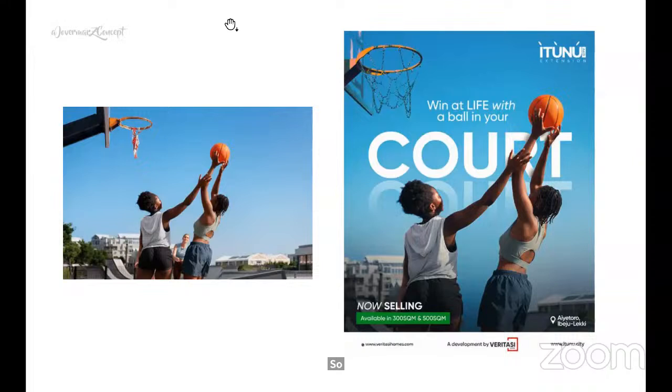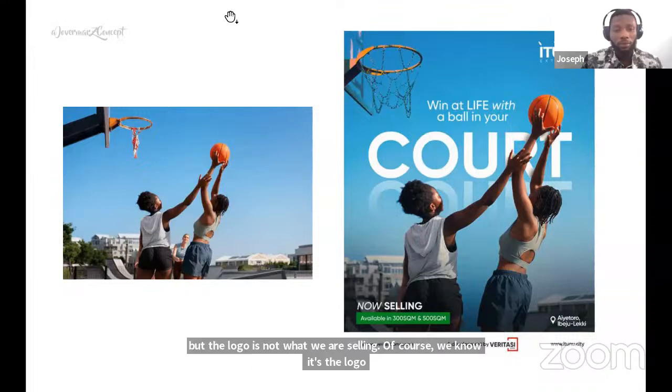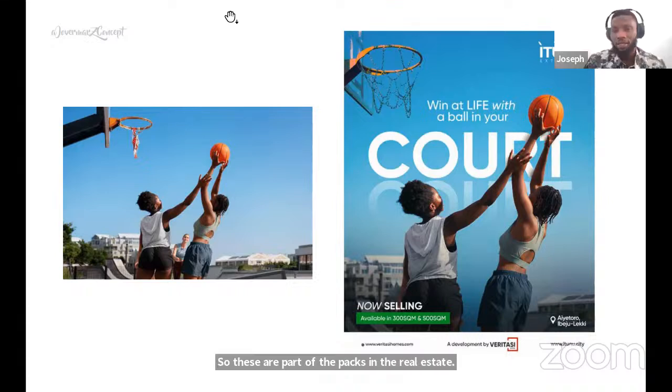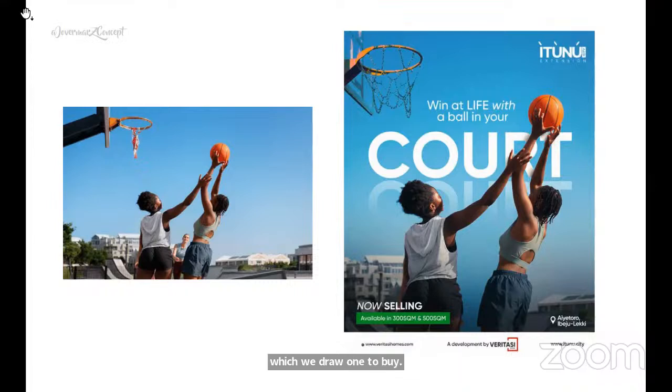Of course, we know it's the logo, but the cut, if I'm going to really interpret it, is like it's a real estate company trying to sell a real estate. Then, of course, the emphasis is now on the cut that is within the real estate. So these are part of the perks in the real estate, which we draw one to buy. The facilities. Good. Facility, yes.